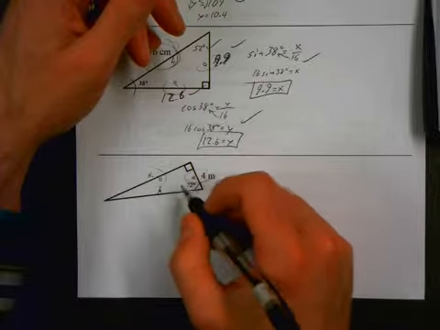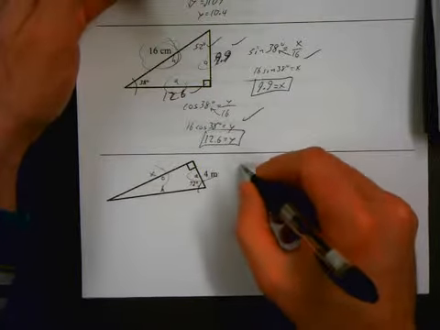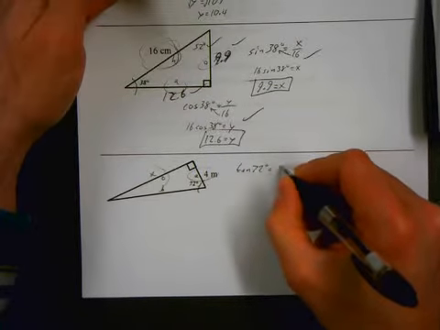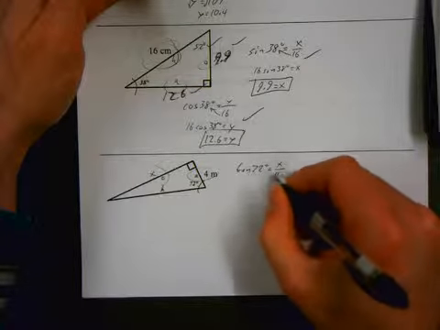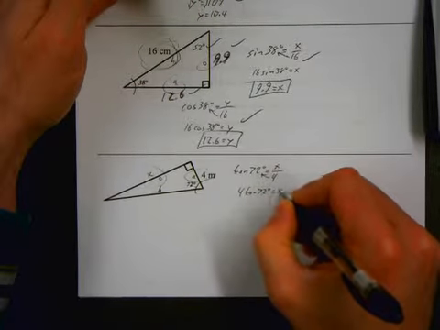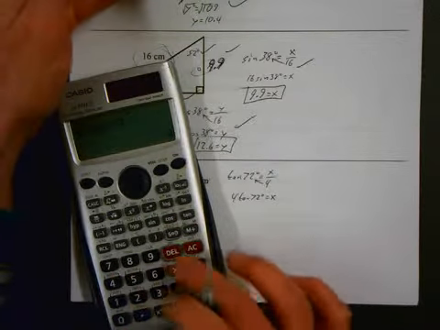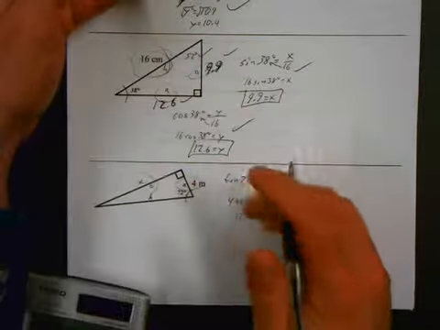So if I'm going to do that and that, I'm going to get, well, tan. So the tan of 72 degrees equals opposite over adjacent, so x over 4, multiply that up. 4 tan 72 degrees equals x. So 12.3 is equal to x.